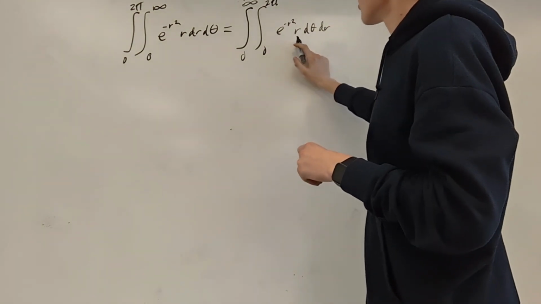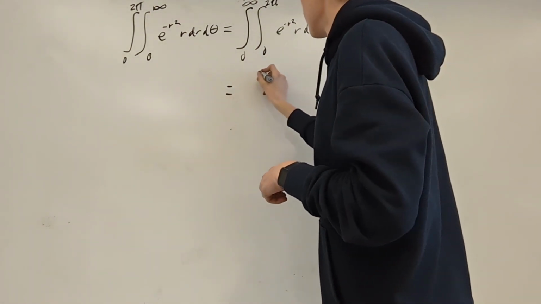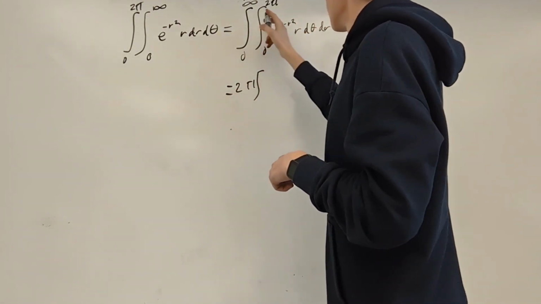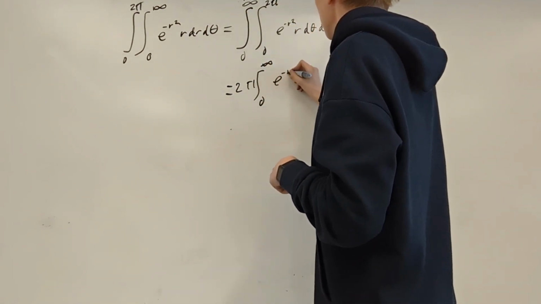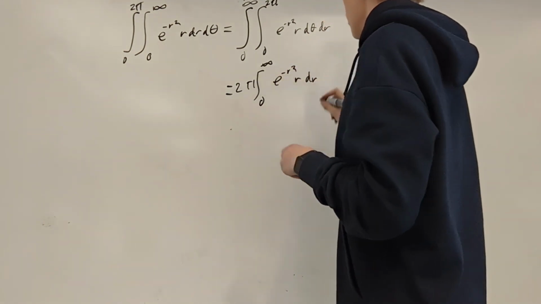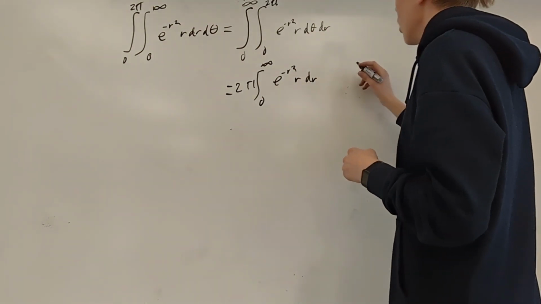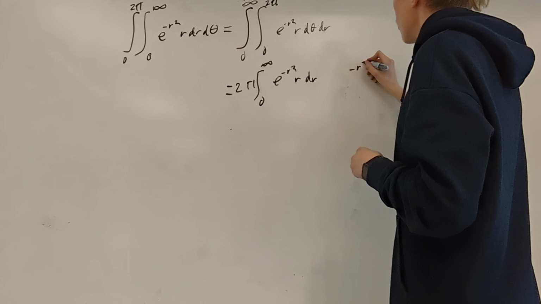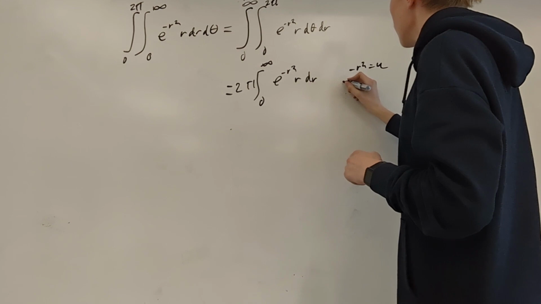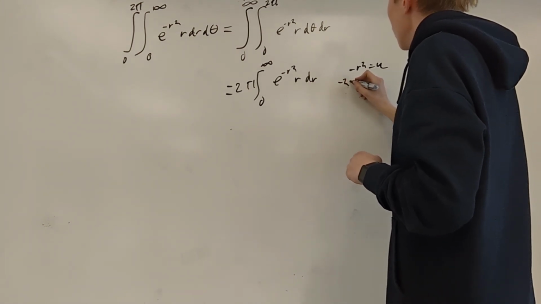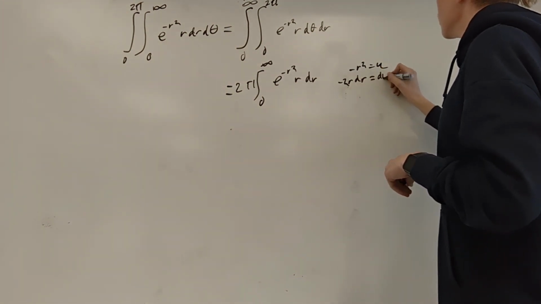So we can actually get that this will just be 2 pi times this, which means that we get 2 pi from this, from 0 to infinity of e to the minus r squared times r dr. And now this is pretty easy. You just do a u sub with negative r squared being equal to u. And what we're gonna find is that minus 2 r dr is equal to du.